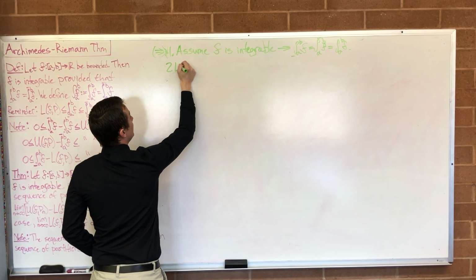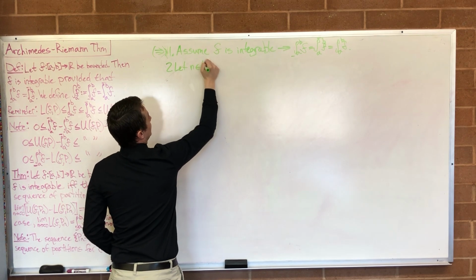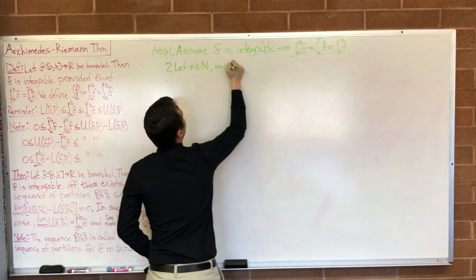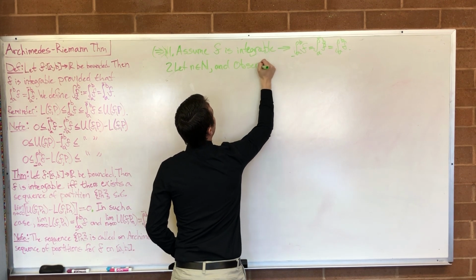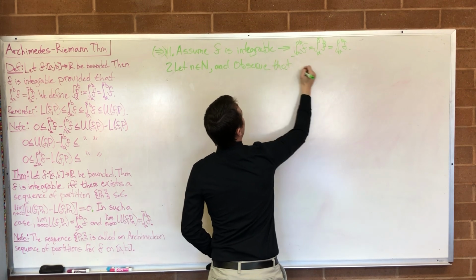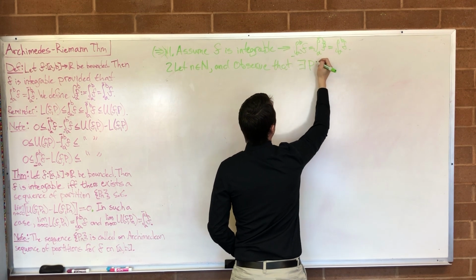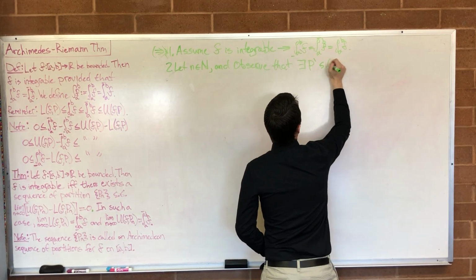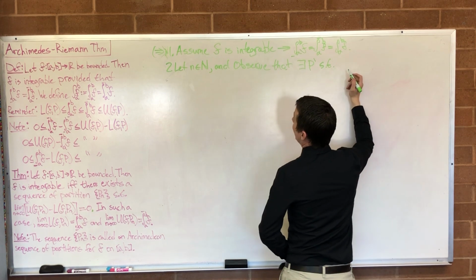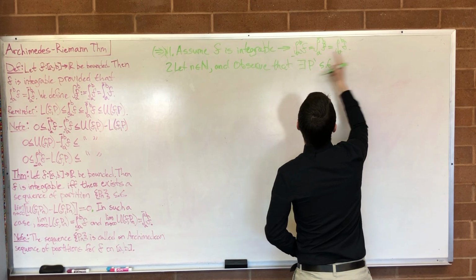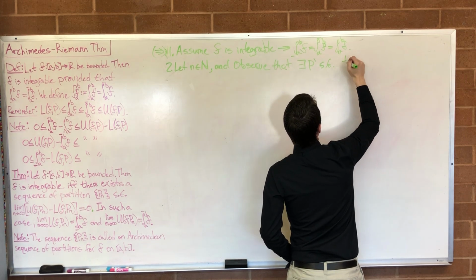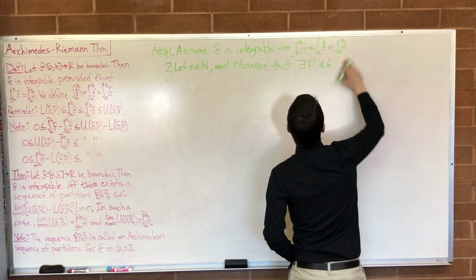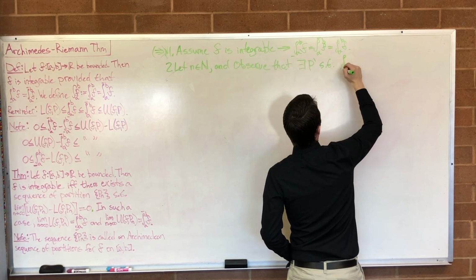Okay, so 2. Let n be any natural number, and observe that there must exist some partition P prime such that, let's see, on my lower Darboux sum, such that the integral minus 1 over n, let's start by drawing the lower Darboux sum, sorry, give me a second to make sure I got my thinking right.